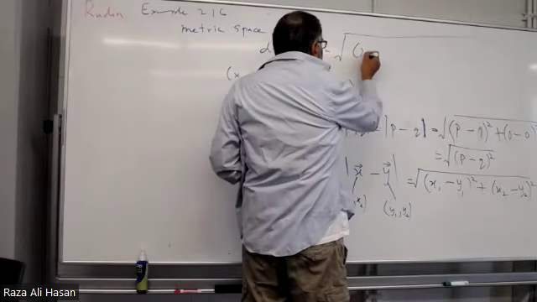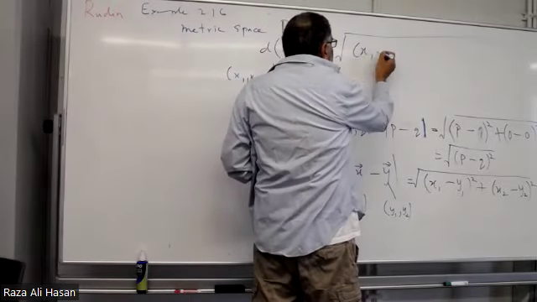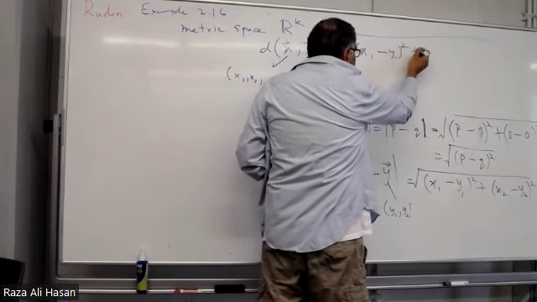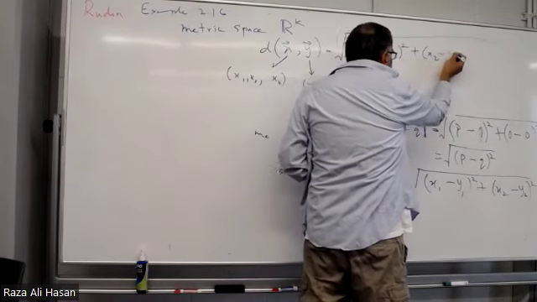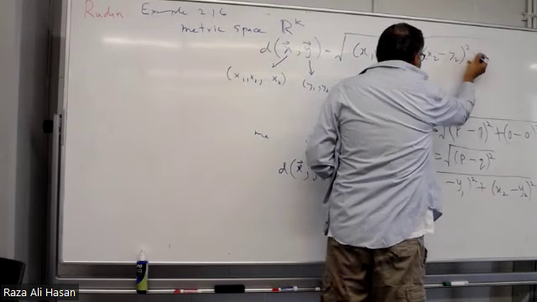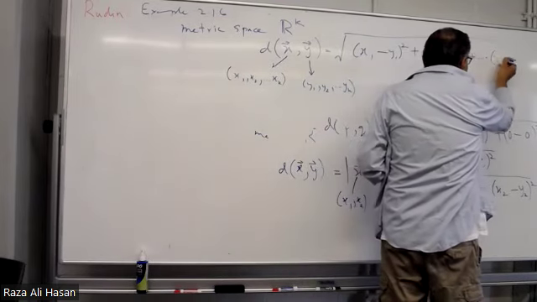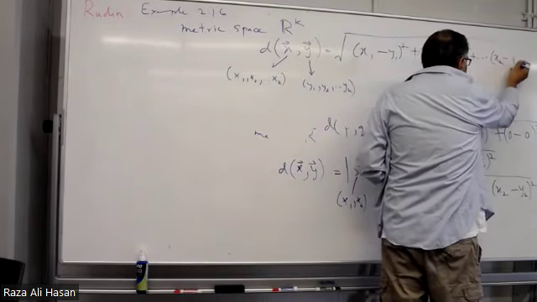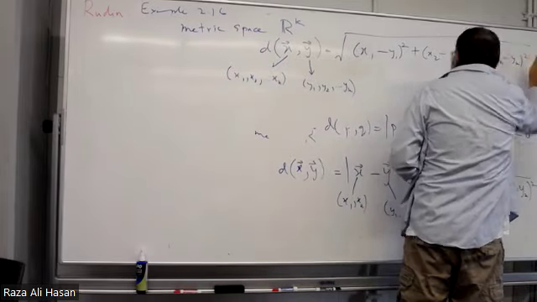So here we go. We have x1 minus y1 squared plus x2 minus y2 squared dot dot dot xk minus yk squared.